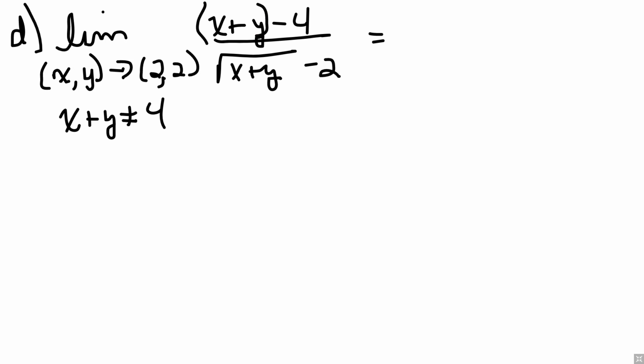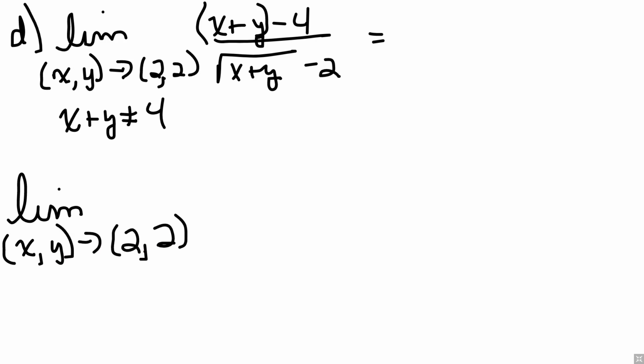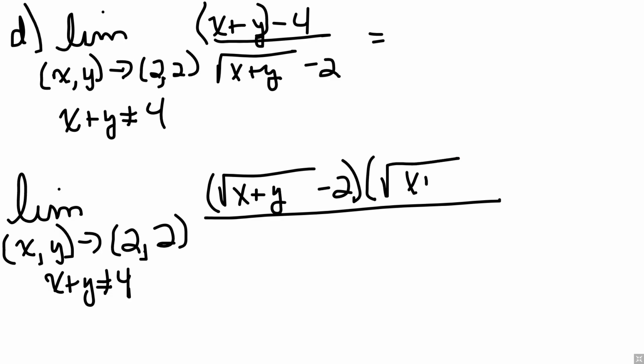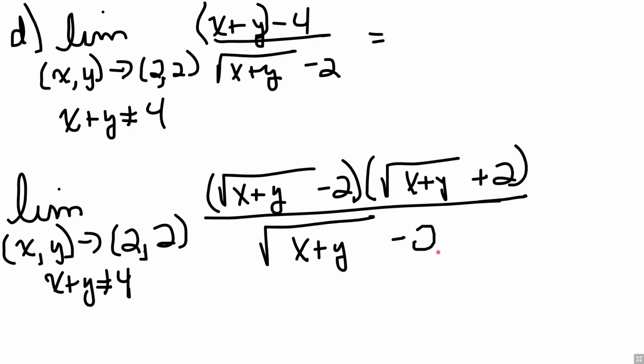It's the numerator that does need to be factored. So we're going to end up with the limit as (x, y) approaches (2, 2), and again, x plus y is not equal to 4. The numerator factors nicely into the square root of x plus y minus 2 and the square root of x plus y plus 2, over the square root of x plus y minus 2.